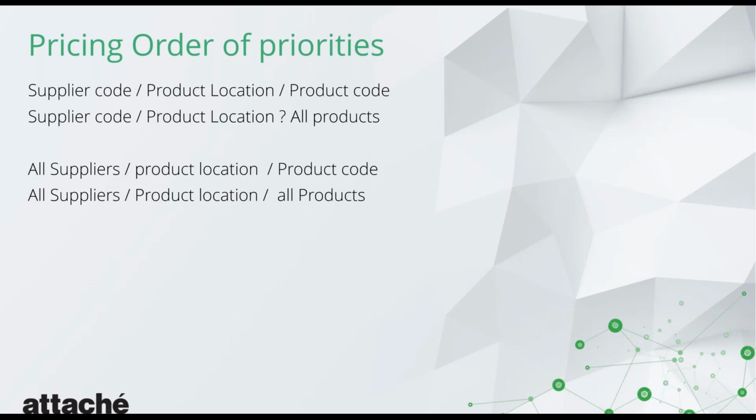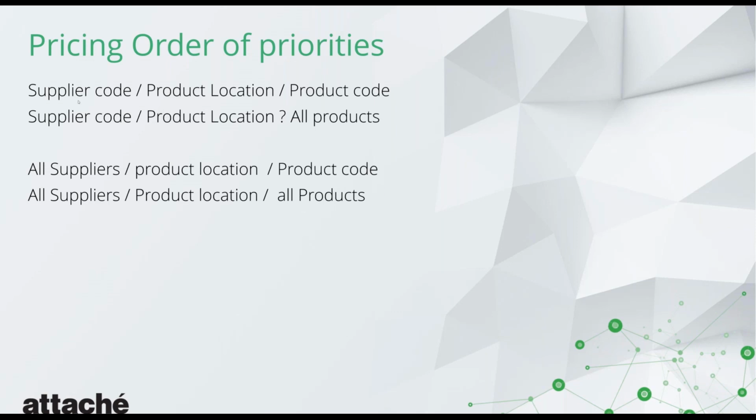Therefore, when the supplier records are accessed, an order of priorities is followed. We have to note as well that priority is given to a record with a current date range. So if it's a different date range, then the priority will be for today's date range or the current date range.